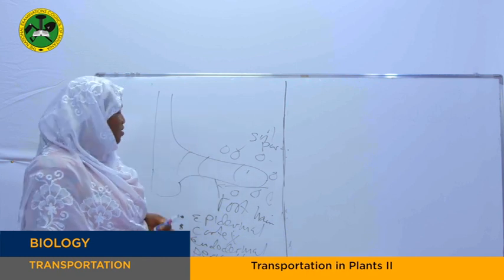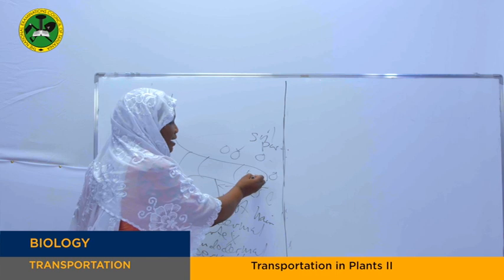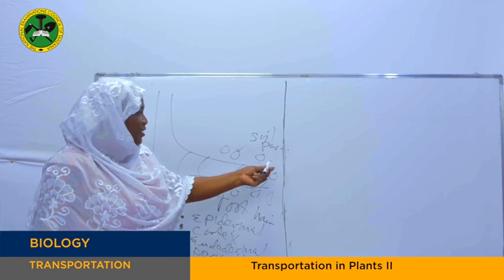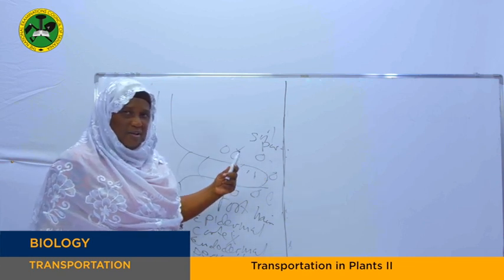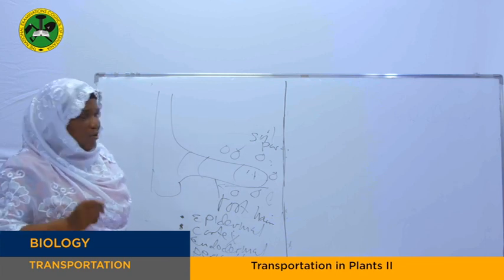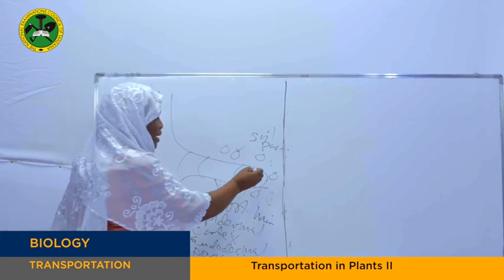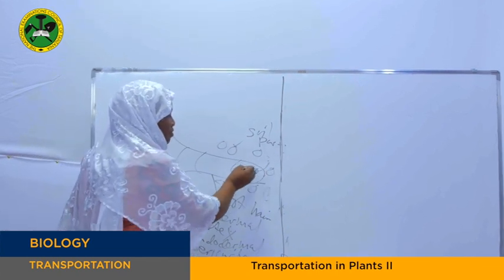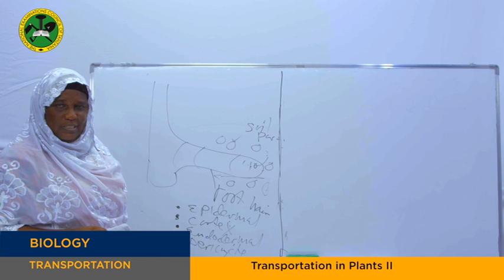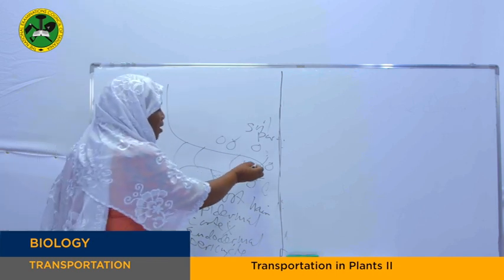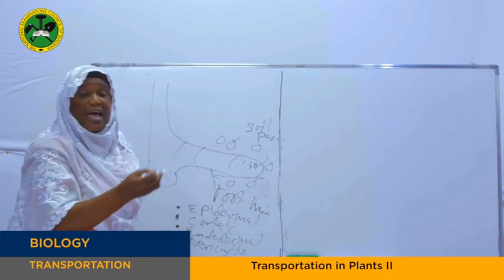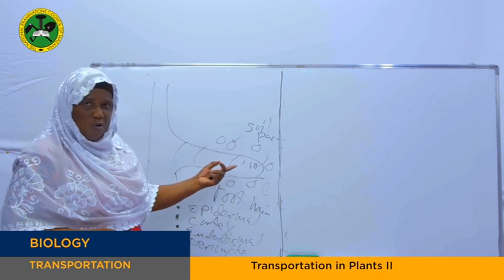But in order for this cell to absorb water, it means the concentration here should differ. Due to that, water will move by osmosis. Osmosis will take place. Water will be drawn from the soil to the epidermal cells. When water enters the epidermal cell here, the protoplasm becomes diluted due to the entry of water.